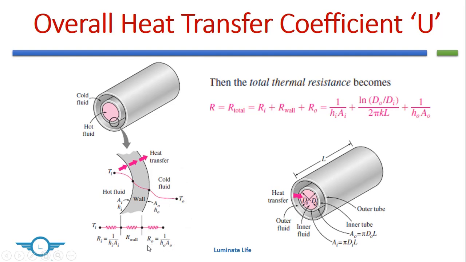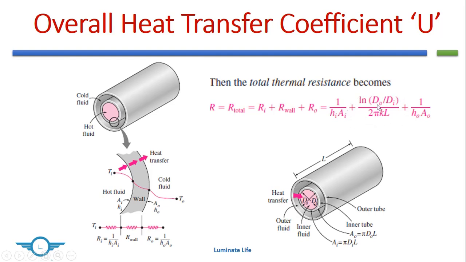Now by electrical analogy, we know that the net resistance offered for the heat transfer, R total, is nothing but the sum of inner resistance plus wall resistance plus outer resistance. Inner resistance is a convection resistance. Here we have substituted the resistance for conduction across a hollow cylinder.